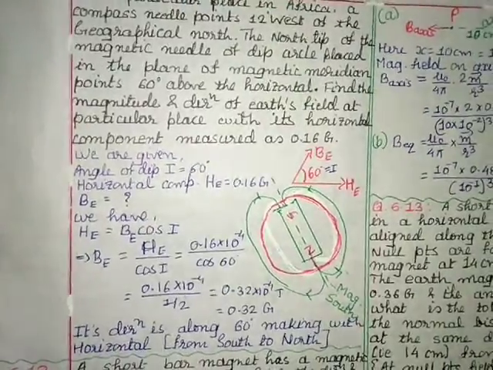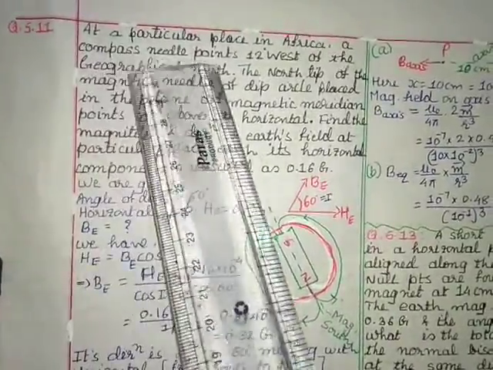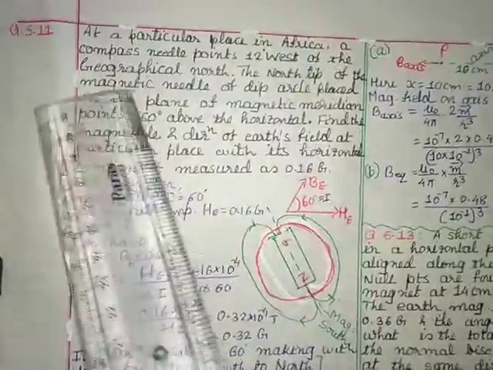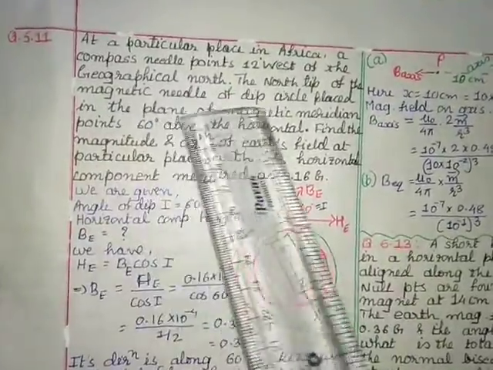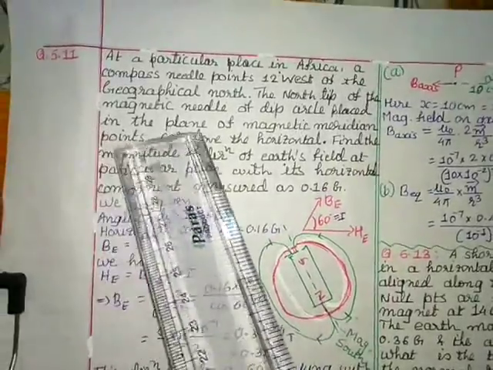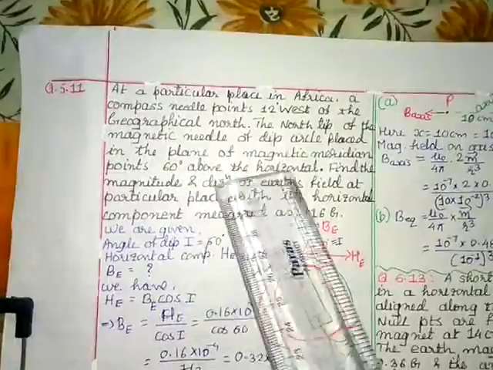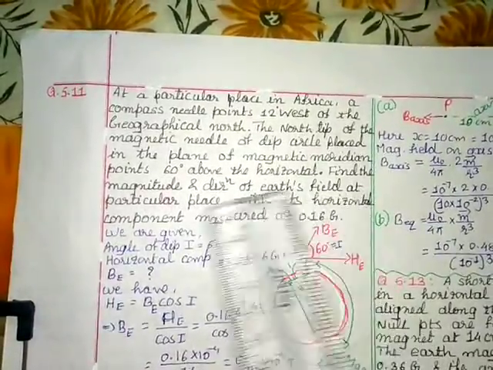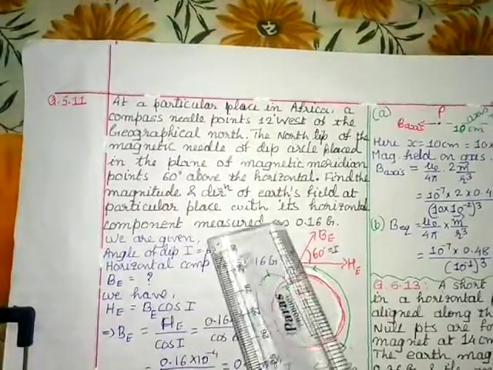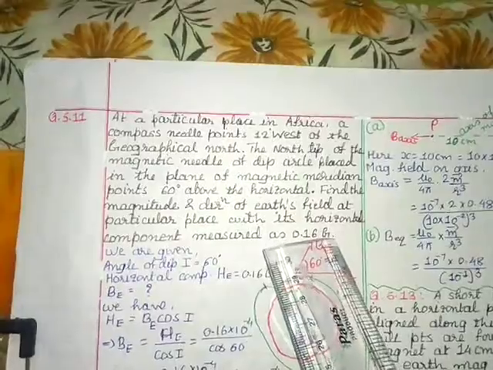Question number 5.11. At a particular place in Africa, a compass needle points 12 degrees west of the geographical north. The north tip of the magnetic needle of a dip circle placed in the plane of the magnetic meridian points 60 degrees above the horizontal. Find the magnitude and direction of Earth's field at the particular place with its horizontal component measured as 0.16 Gauss.